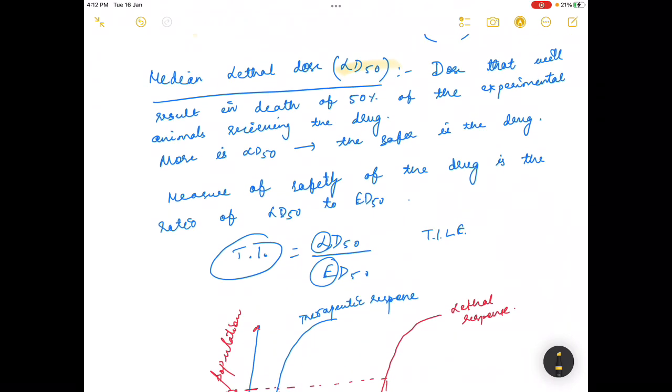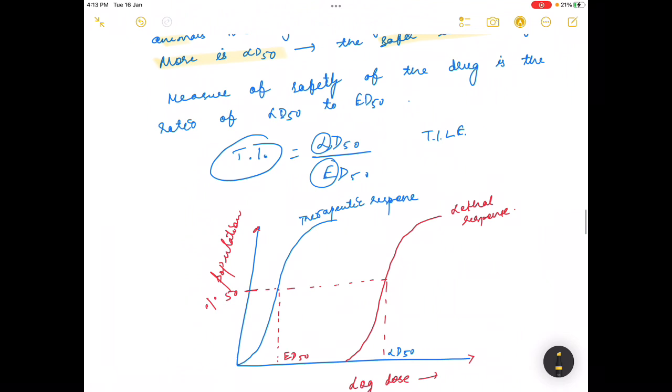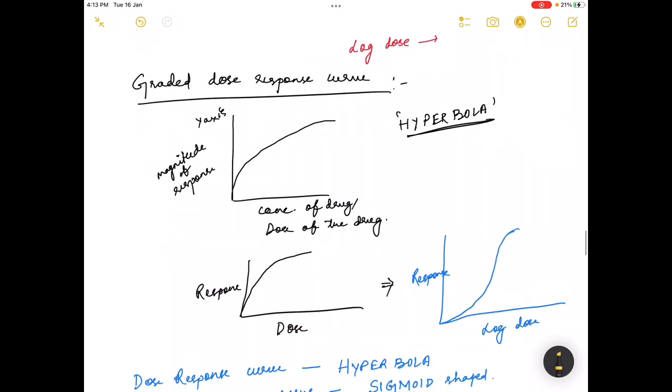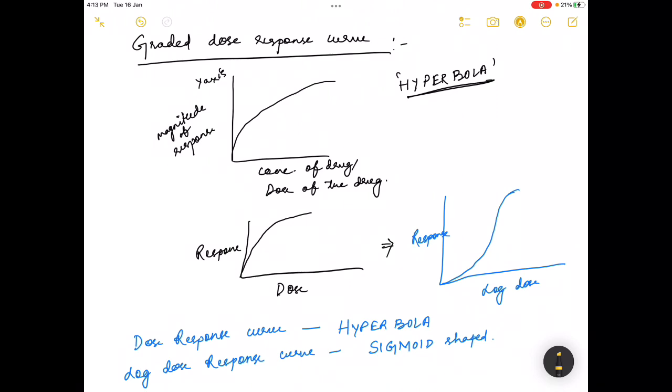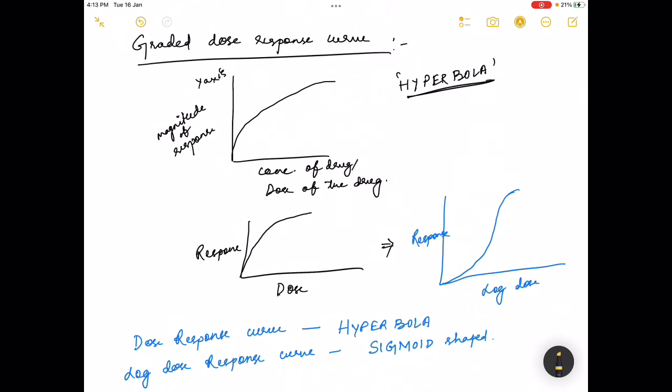And lethal dose 50 or the median lethal dose is the dose that will result in death of 50% of the experimental animals. Okay, so the more the LD50, the safer is the drug. And the measure of safety of the drug is given by the ratio of LD50 to ED50, and that is therapeutic index.